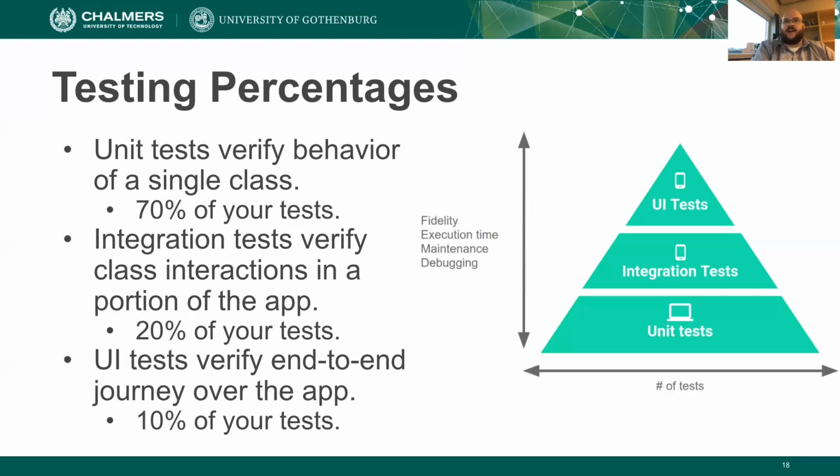It might be a cluster of classes, it might be interactions between related subsystems at the system level. And those tend to be about 20% of your test cases. And then finally, you have your UI tests or your end-to-end test cases, which validate your user's journey through the system, which usually spans multiple subsystems of your app that you're writing. And those tend to make up the remaining 10% or so of your testing effort.